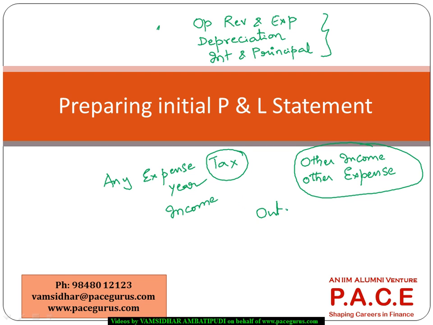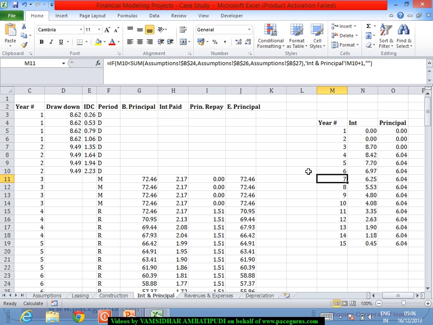Anything increasing the outstanding or decreasing the outstanding, those things will go as a part of our balance sheet. So we'll consider the key elements out of this particular project that will go as a part of the profit and loss statement, and try to create one, and then we will move forward creating the cash flow statement as well as the final balance sheet. But before we get into it, we will start off with the profit and loss statement preparation part.